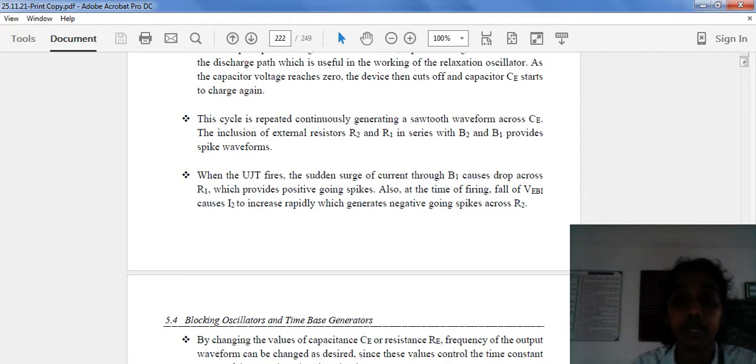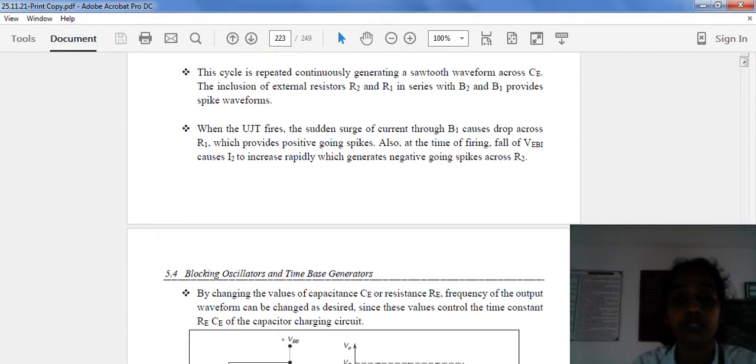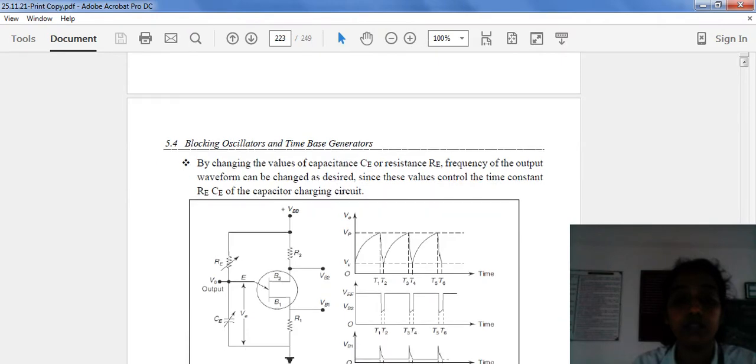Also, at the time of firing, the fall of the emitter base junction voltage causes a rapid increase in the current I2, which generates a negative going spike across the resistance R2. Here the capacitor is charged till the peak voltage, then discharges to the valley point, and the voltages across the resistances are generated in the form of spikes.